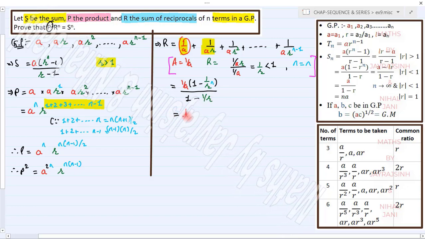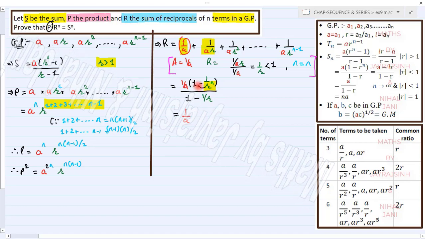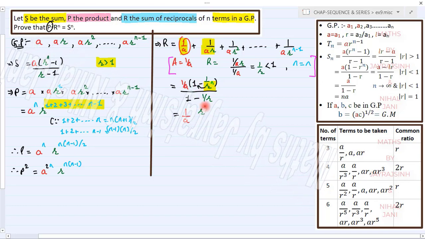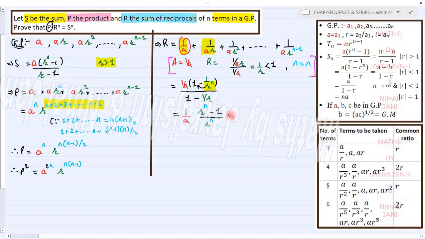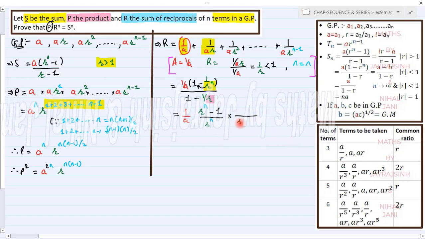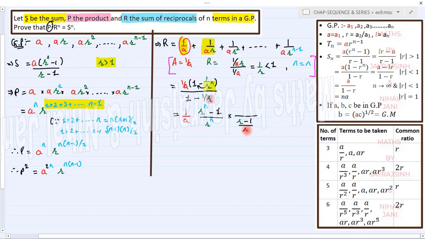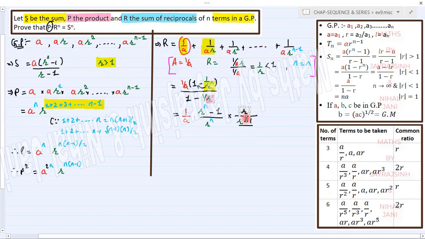So let's simplify. 1 upon a, take LCM of r raised to n, multiply with 1, we'll get r raised to n minus 1 upon r raised to n into, in the denominator, take the LCM of r, we'll get r minus 1 upon r, but the denominator of the denominator will move to the numerator.